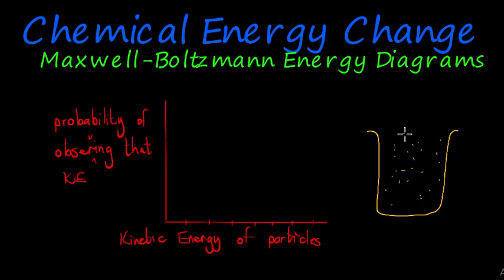But what we're going to do is look at every particle's energy and put that particle in the correct interval based on its energy. So we notice that that particle is in this energy level, that particle is in that energy level, that particle is also there. Wow, this energy level has a lot.